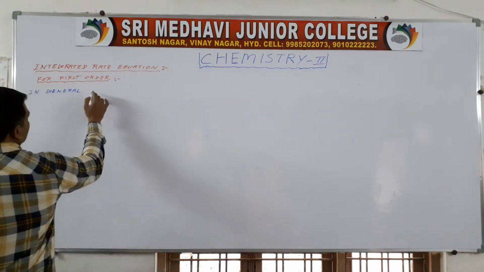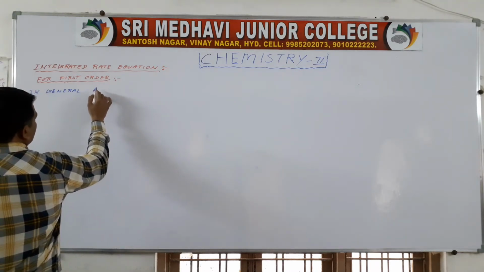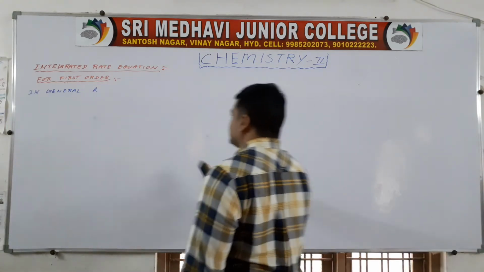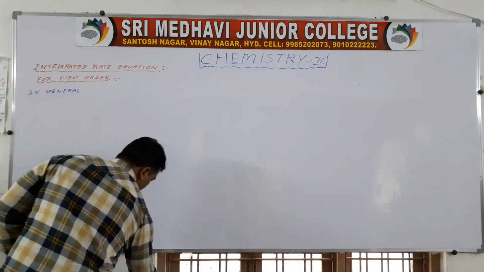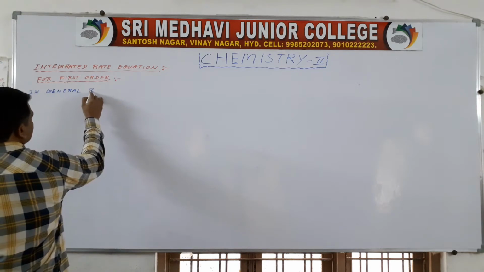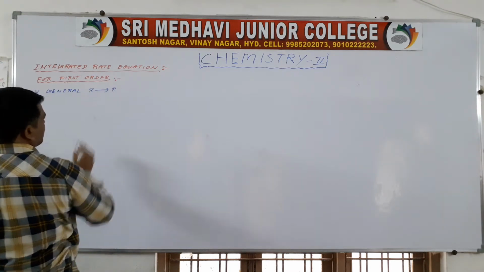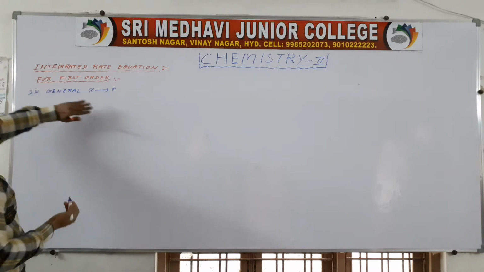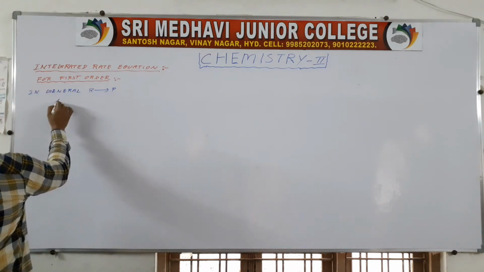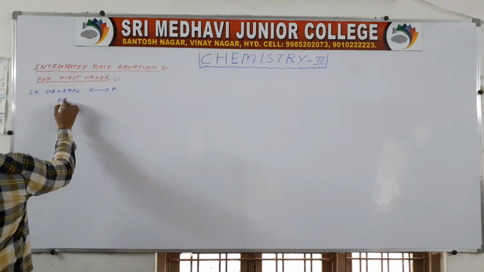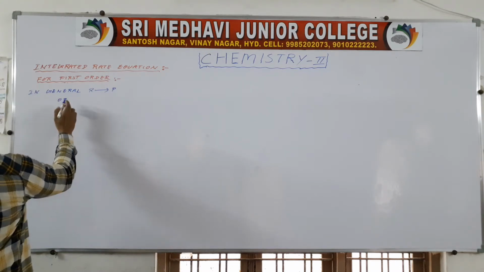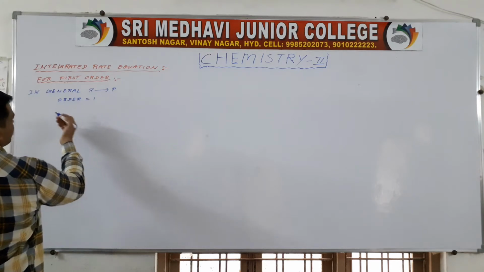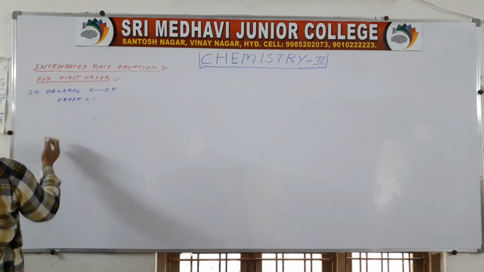In general, A is a reactant which gives rise to products. So here we may write order equal to 1, because it is a first order reaction.